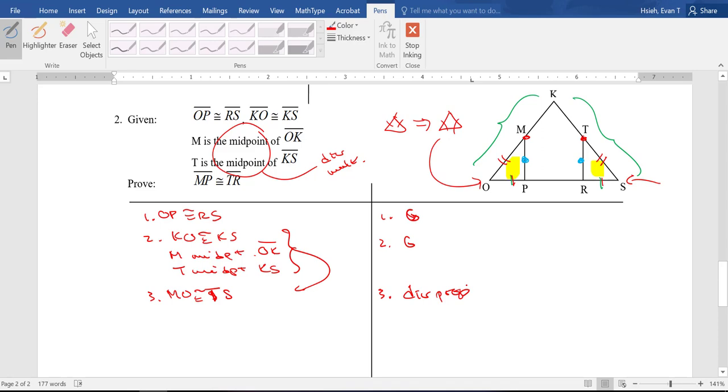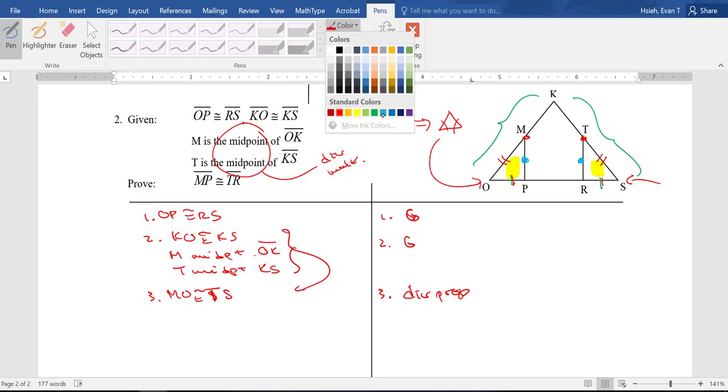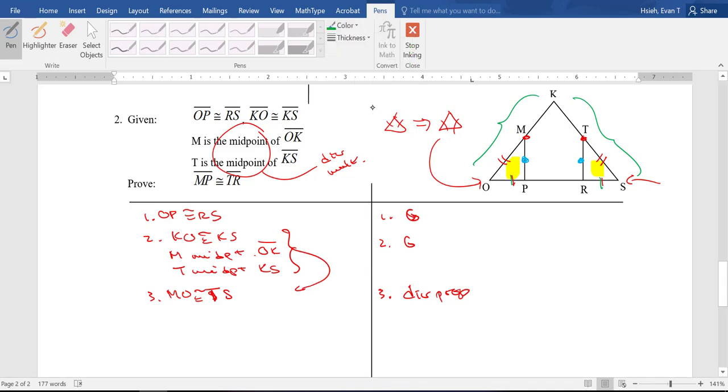I am almost done here, getting all the information I need. From here I can get step 4 and say that angle O is congruent to angle S. That's because if sides are congruent, then the angles are congruent, the base angles. And then I can say that the triangles are congruent to each other.